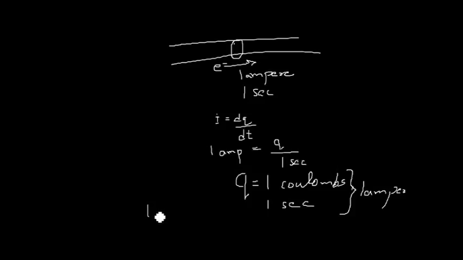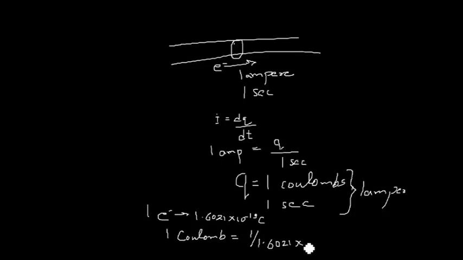Now the charge on one electron is 1.6021 into 10 to the power minus 19 coulomb. So if we have to calculate the number of electrons in 1 coulomb, then we can easily find that if one electron has this much charge, then 1 coulomb will have 1 upon 1.6021 into 10 to the power minus 19 electrons.